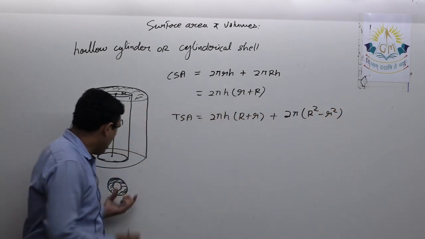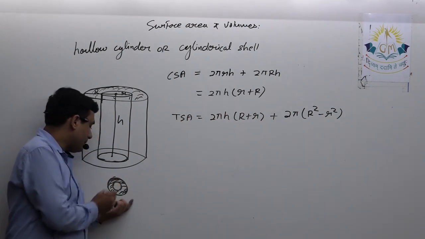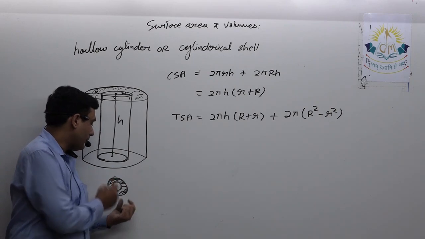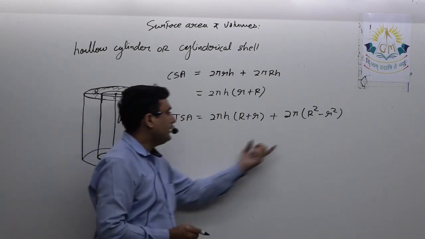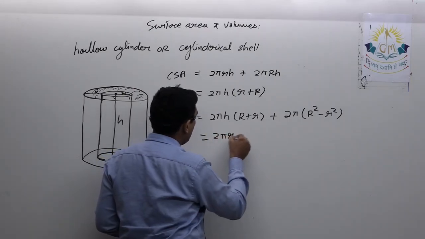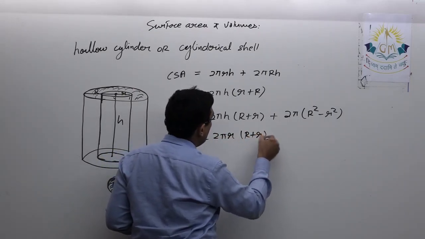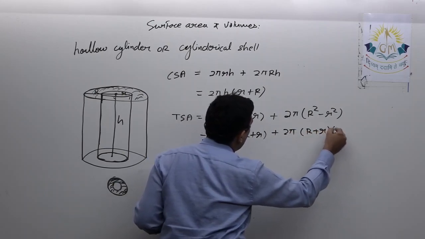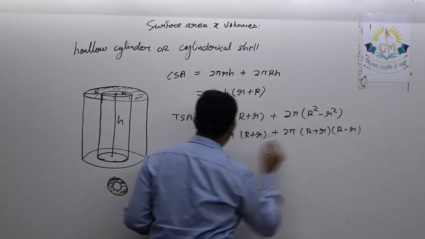Here pi R square is the area of the larger circle, pi r square is the area of this smaller circle. Their difference gives you the area of ring. Now here again it is possible to take something common. This R square minus r square can be written as R plus r, R minus r.